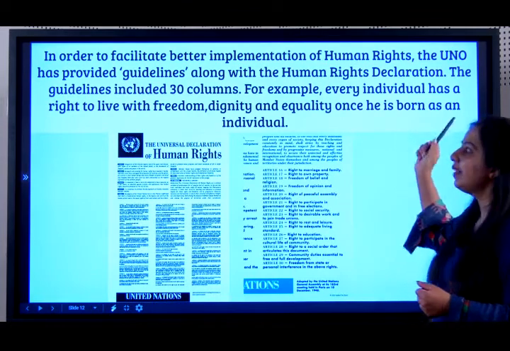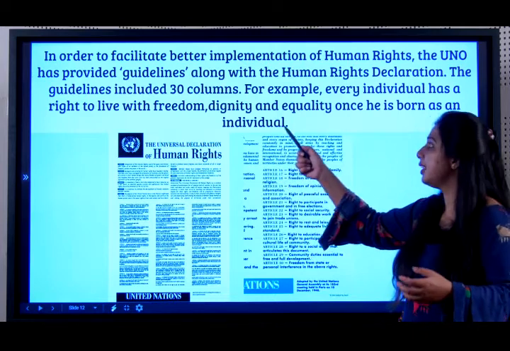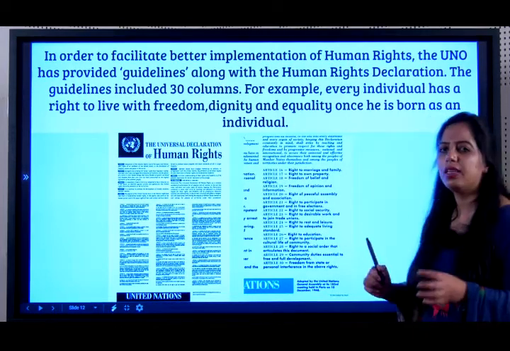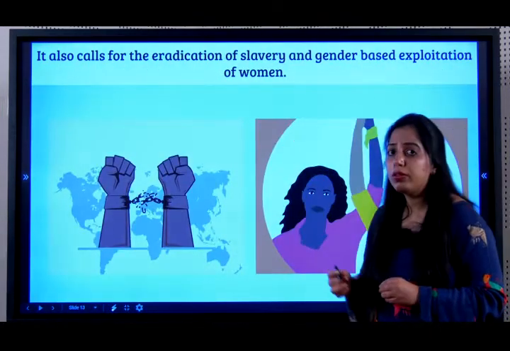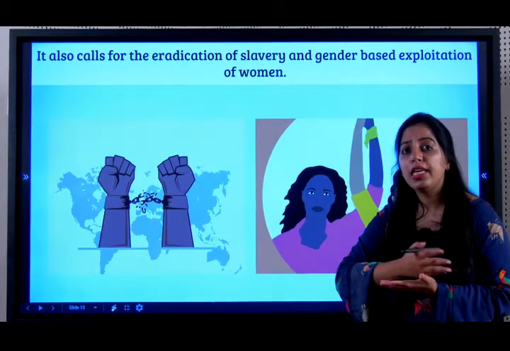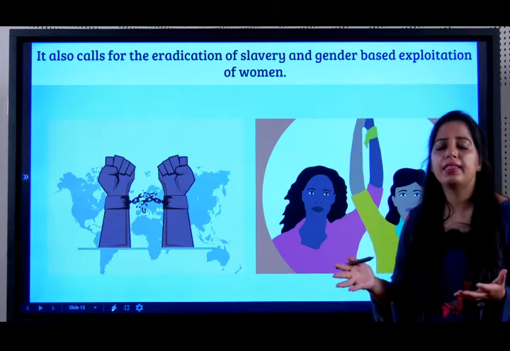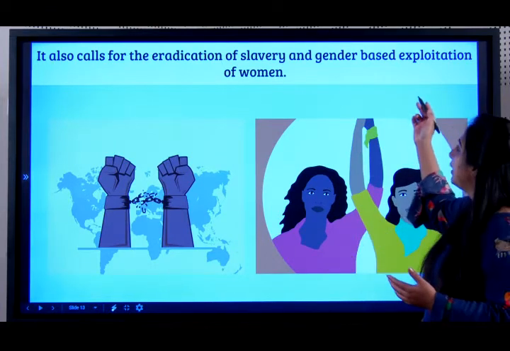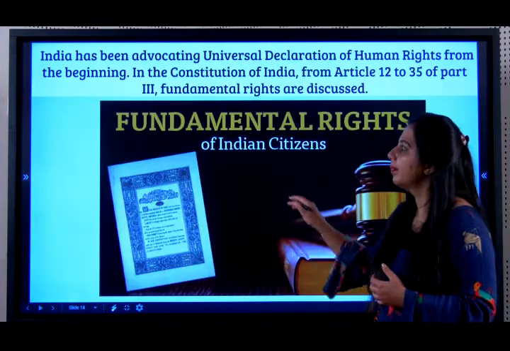For example, they have said every individual has the right to live with freedom, with dignity and equality once he is born. It also calls that you should eradicate slavery. Slavery should not be practiced in any form, and there should be no gender-based exploitation of women.